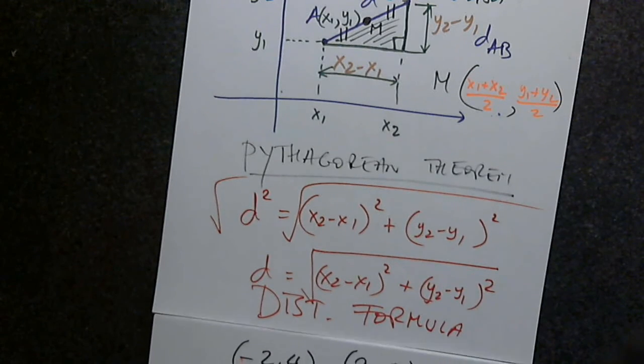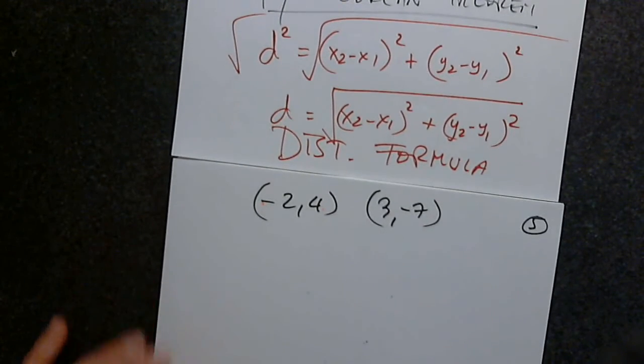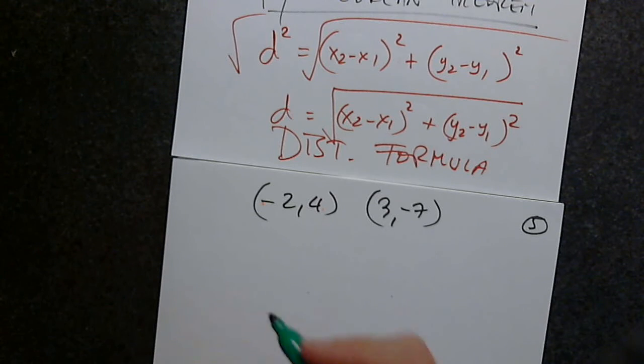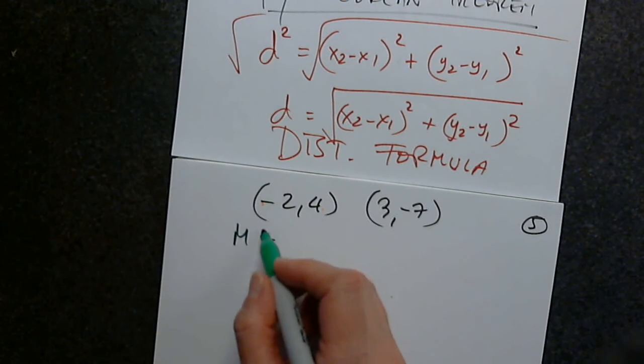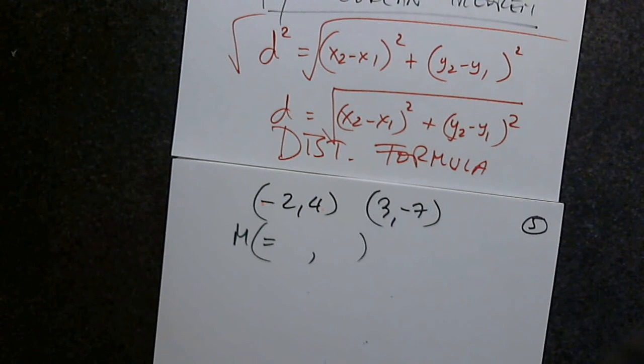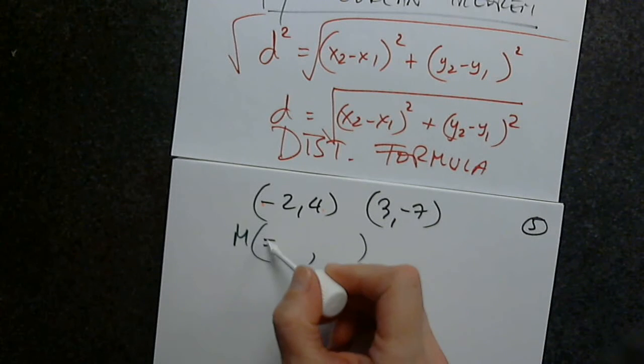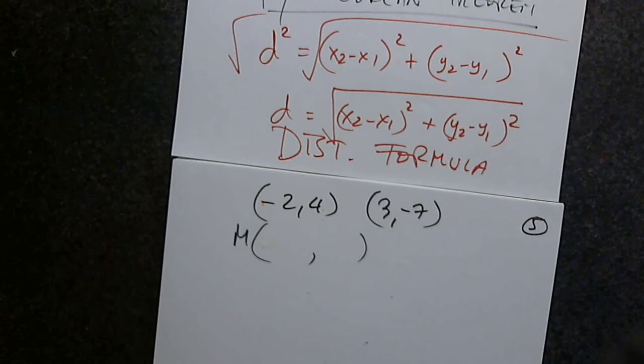Excellent. We're given two points, negative 2, comma 4, and 3, comma negative 7, and we're asked to determine the midpoint and the distance. Let's start with the midpoint because it's the easiest.